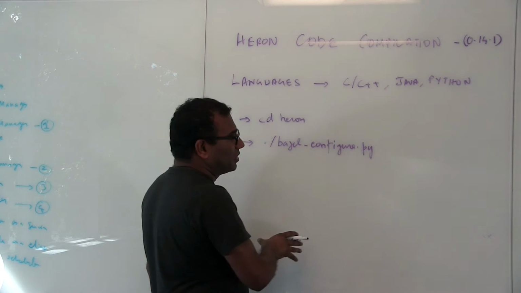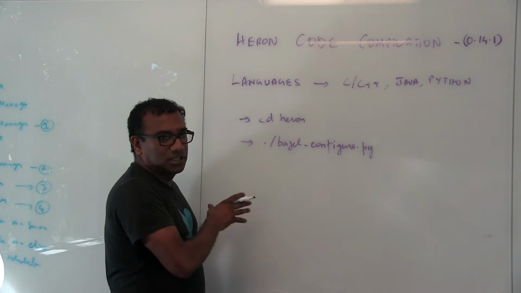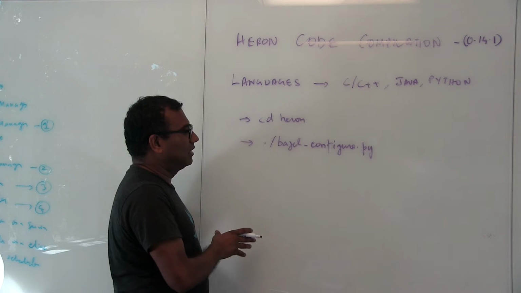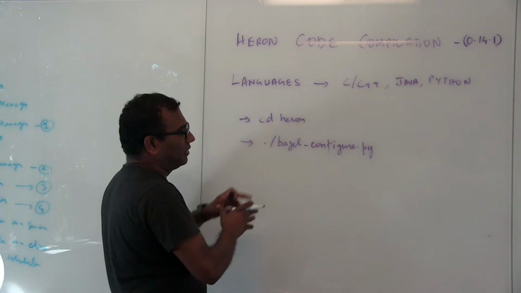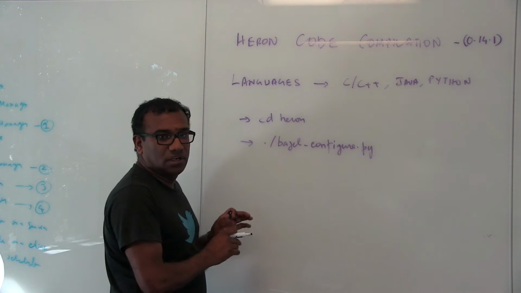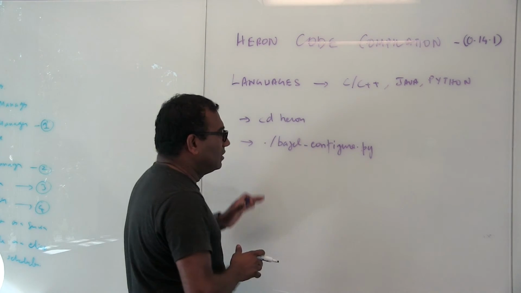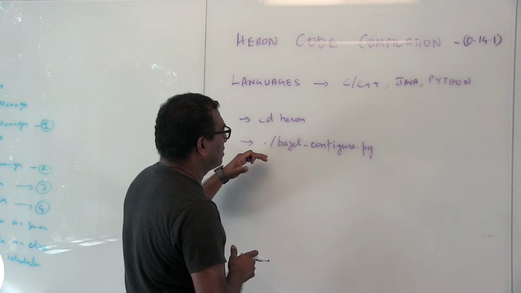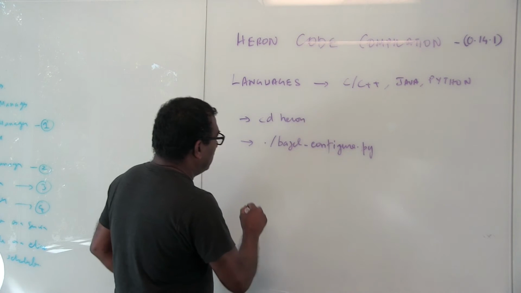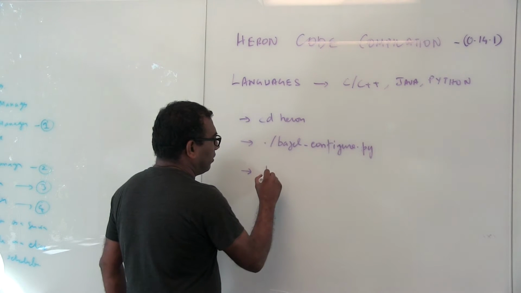It senses all the versions of the prerequisites, whether they are installed or not, and ensures that everything is in place. If this script fails, then you know that your prerequisites are not satisfied. Once this script executes successfully, do the following to compile Heron.